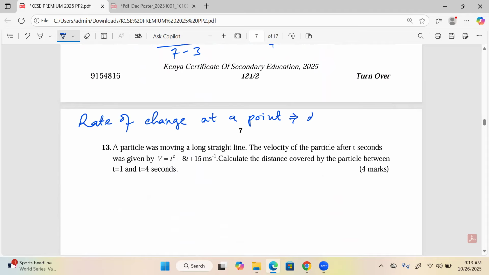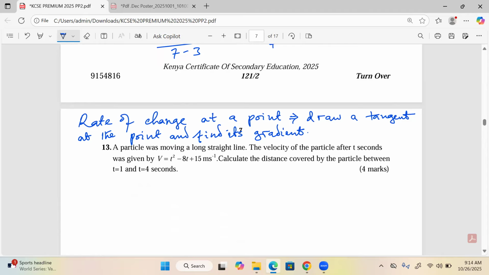There, draw a tangent at the point and find its gradient. That will be the rate of change at the point.